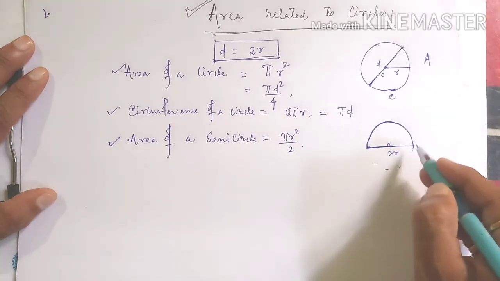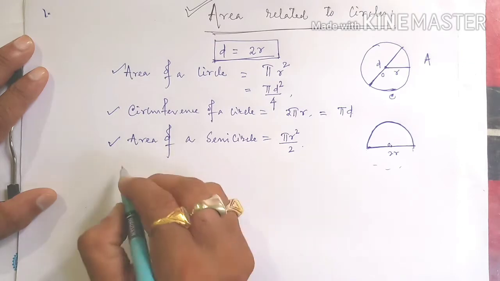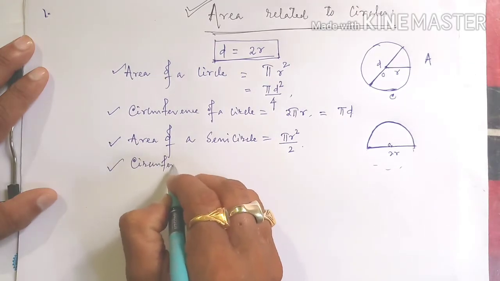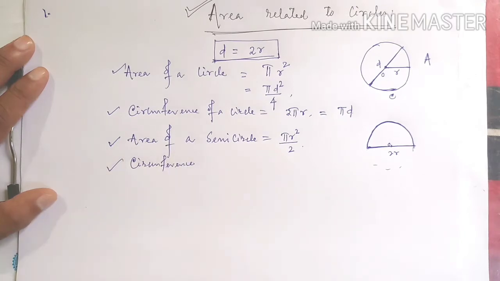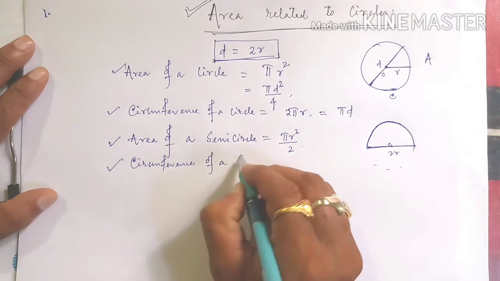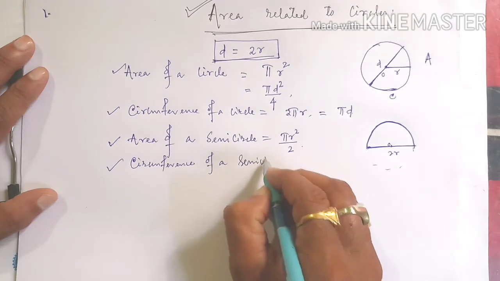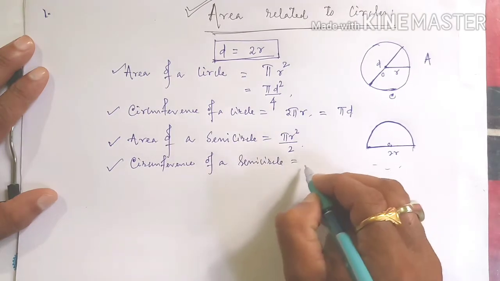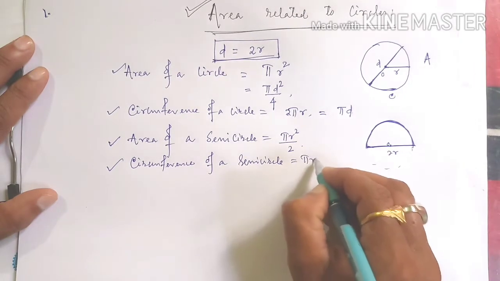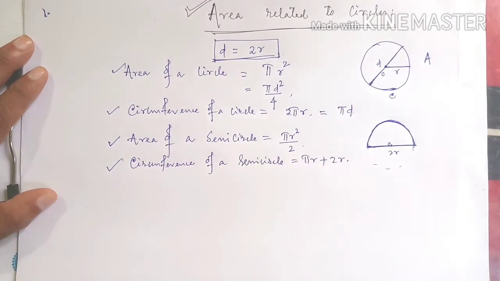Just a little idea related to your previous knowledge, students. Circumference of a semicircle is equal to this plus this, it is pi r plus 2r, or pi r plus d.